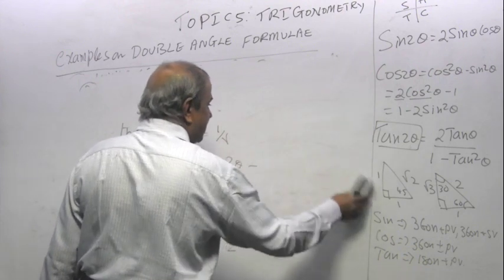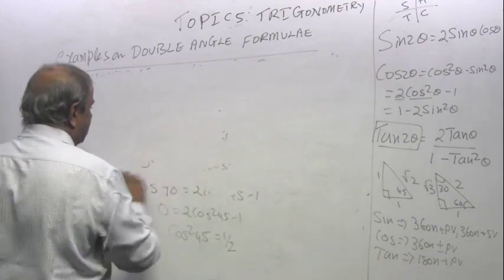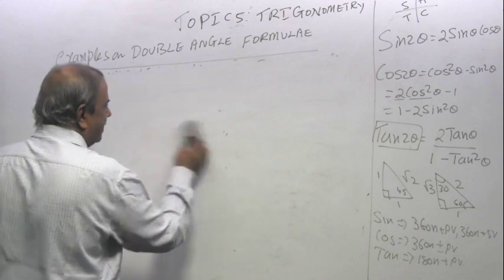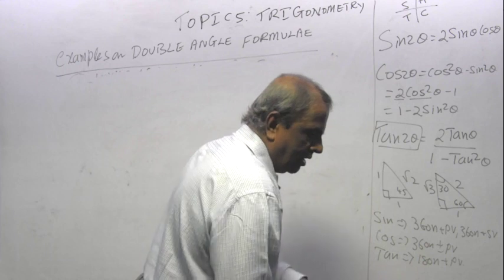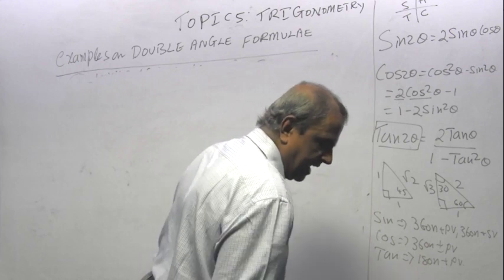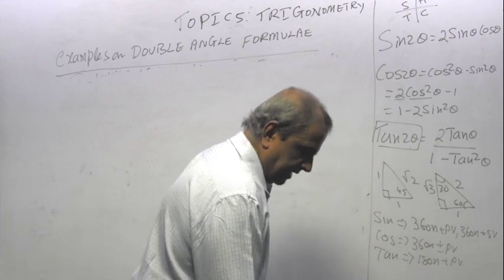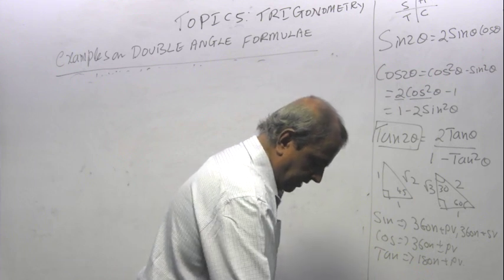The identities in double angle formula are very interesting. But before I go to that, I just want to do one more question, how sometimes the pitfalls are there. Let me see if I can get a question or something similar.